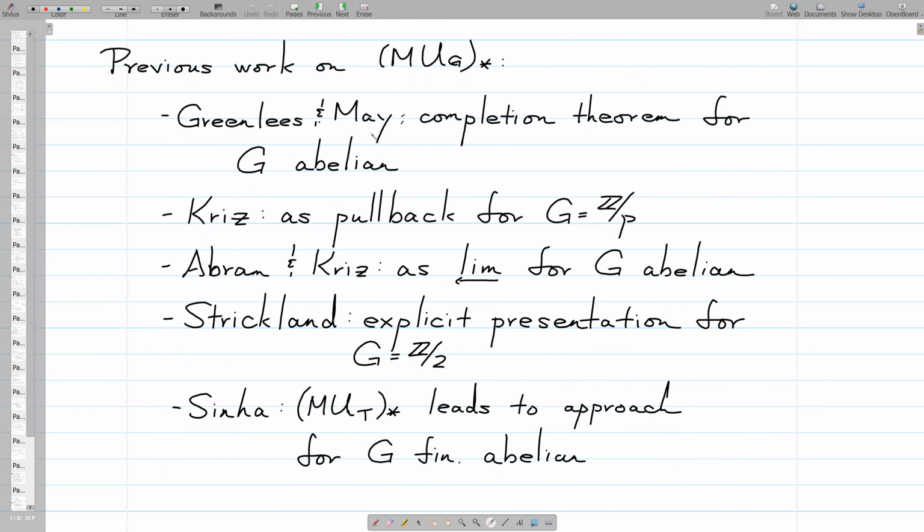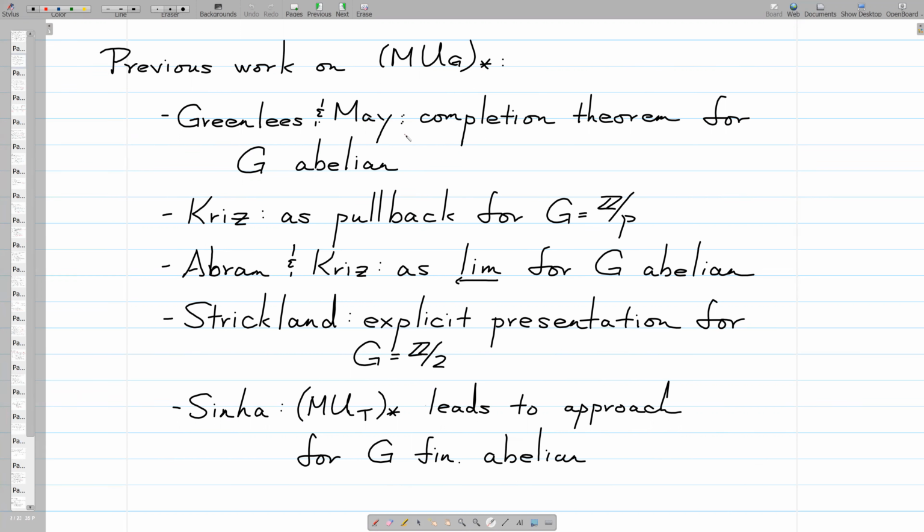Let me review a little bit of the previous work on the calculation of MUG star, the Z-graded coefficient ring of MUG. MUG was defined by Tom Dieck fairly far back, in the 70s or earlier, but there wasn't a lot of explicit calculation until recently.